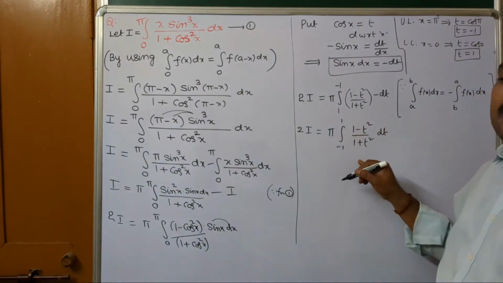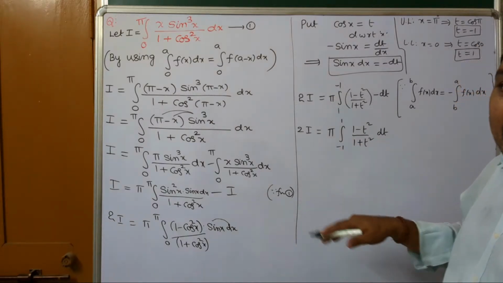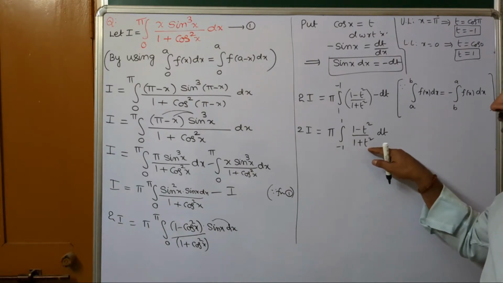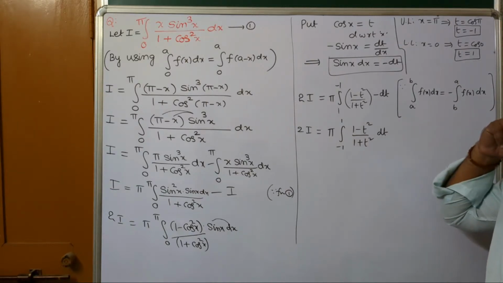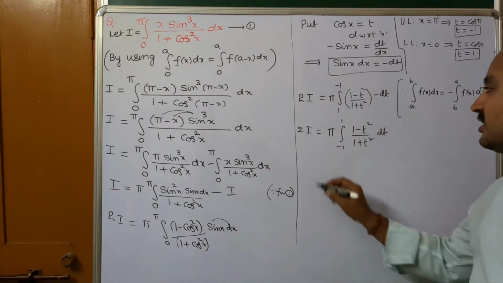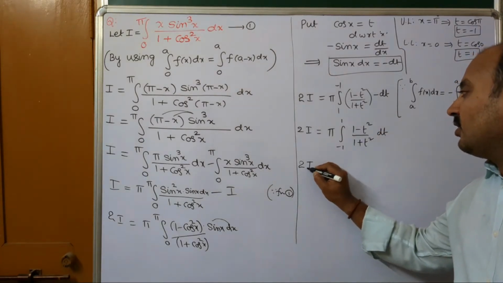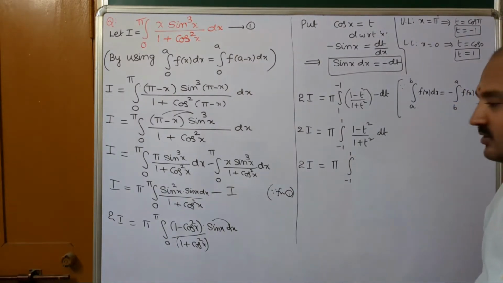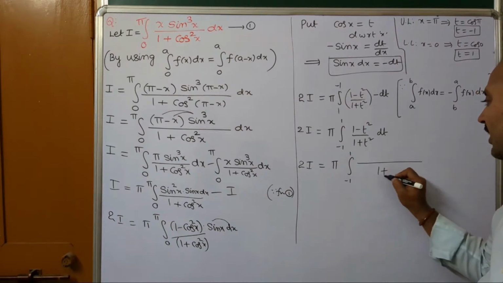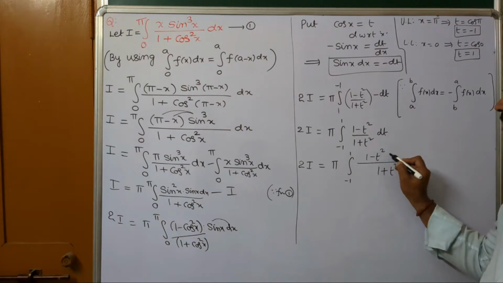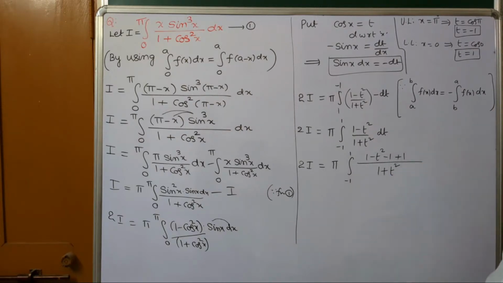So this is improper fraction. Converting into the proper fraction. Otherwise, I want to make denominator as numerator also in terms of 1 plus t square. So we are adding +1, subtracting -1 to the numerator. 2I equal to pi into integral -1 to 1. See, observe carefully the numerator. 1 minus t square, we are subtracting -1, adding +1 into dt.